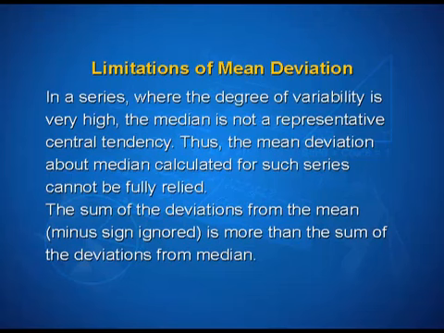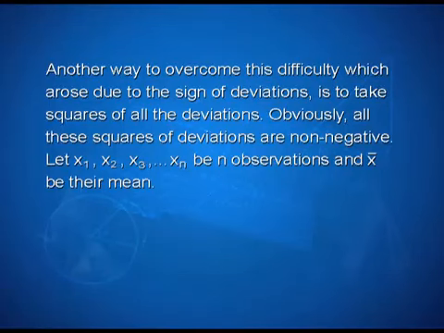The sum of the deviations from the mean, with the minus sign ignored, is more than the sum of the deviations from the median. Another way to overcome the difficulty which arose due to the sign of deviations is to take squares of all the deviations. Obviously, all these squares of deviations are non-negative.